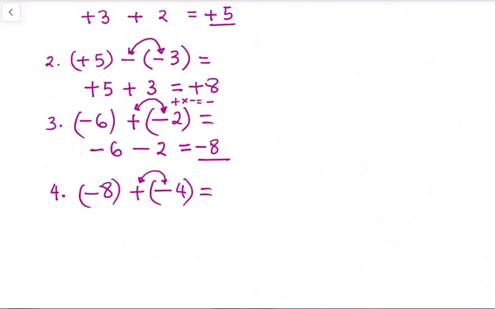And that will be plus times minus, and that gives us minus. So we have minus 8 minus 4. It means we are owing 8 and also owing 4. If we sum these two debts together, it will become minus 12.